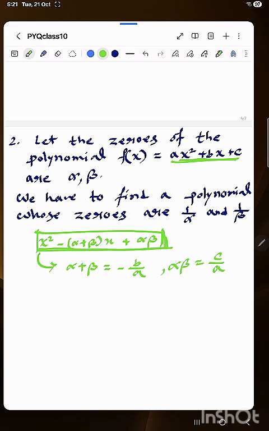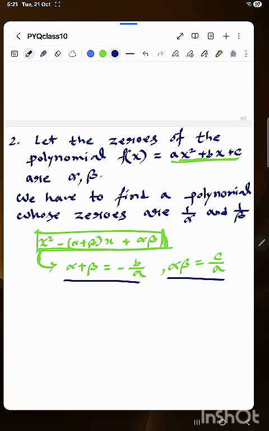Okay, so this is the formula of relation between roots and coefficients, and this formula got from this equation. So alpha plus beta equal to minus b by a, alpha beta equal to c by a.